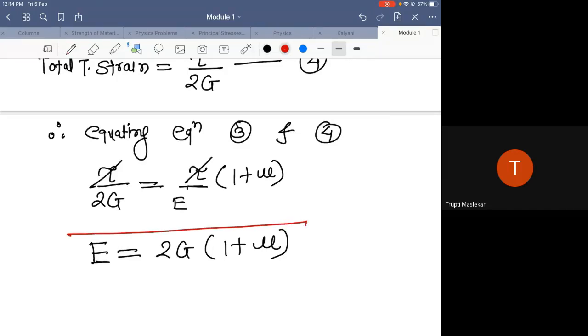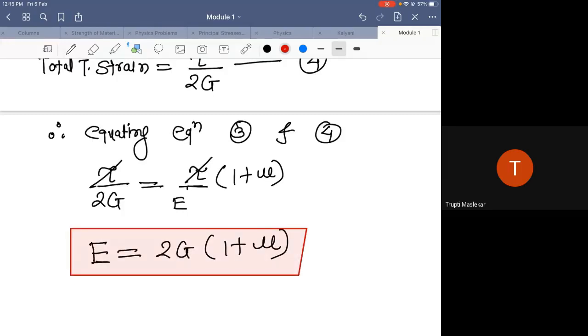So this formula E is equal to 2G into bracket 1 plus mu gives us the relation between Young's modulus E and the modulus of rigidity or shear modulus G. Again here we have to use the Poisson's ratio mu also. If we want to get the relation between E and G, the mediator is mu here. Okay, E is equal to 2G into bracket 1 plus mu.